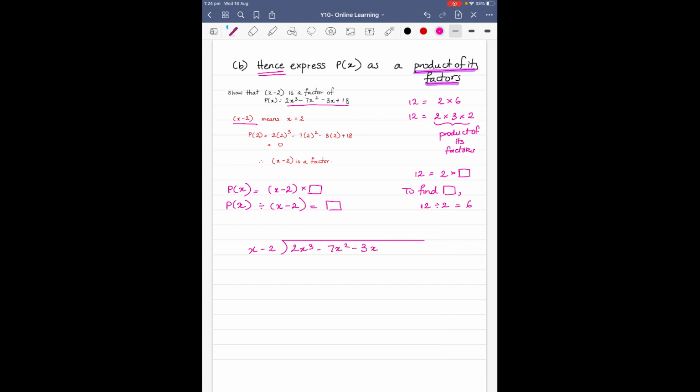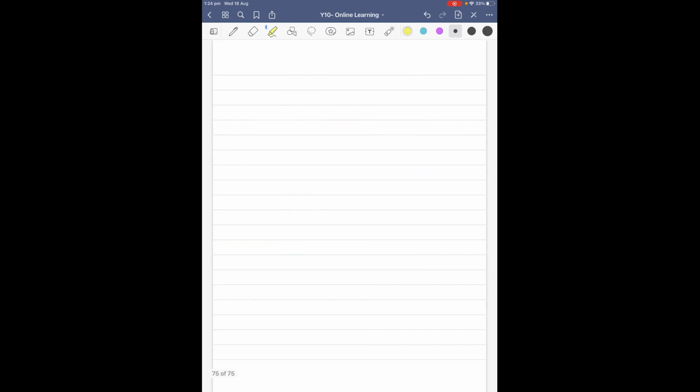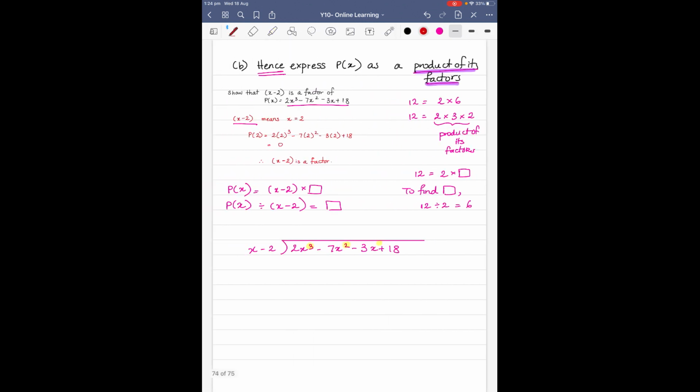Okay, so first thing before you're performing your long division, you want to check whether the powers are all there and descending. So 3, 2, 1. Okay, we're all good to go. Let's multiply. 2x cubed: something times x has to give you 2x cubed.